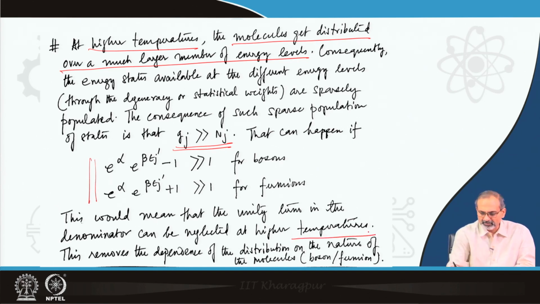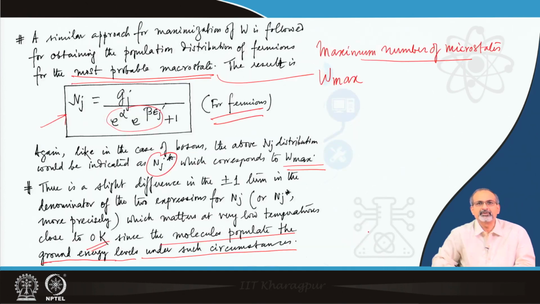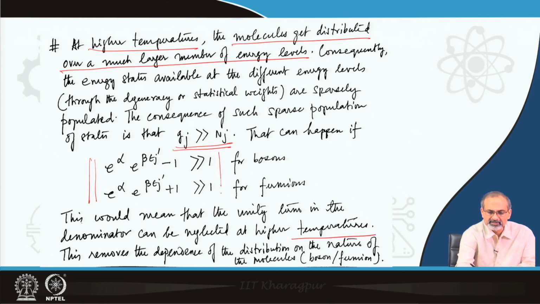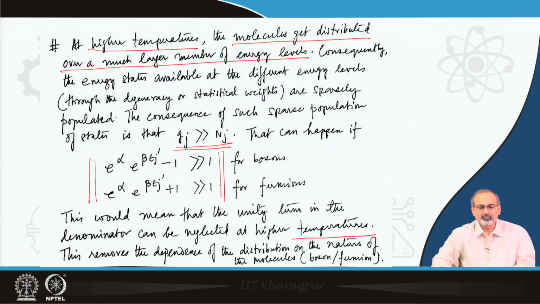Now, if you look back at what we saw in the previous slide, that they populate the ground energy levels, there what happens is that you may have this term +1 or -1 making a big difference or reasonably large difference, because you may not be able to fulfill this condition. And why won't you be able to fulfill this condition?